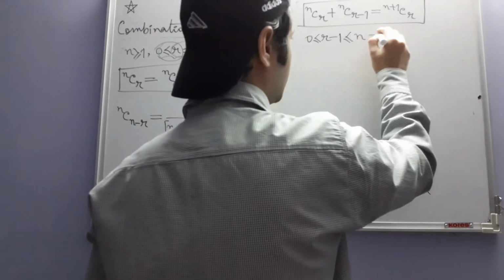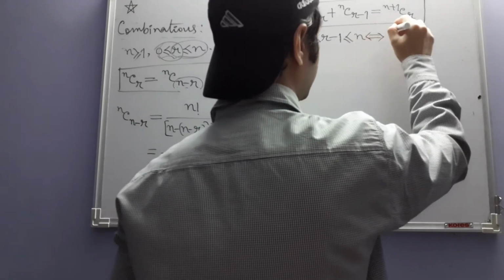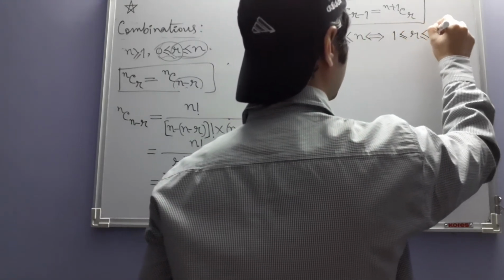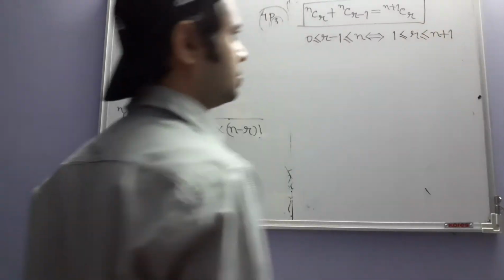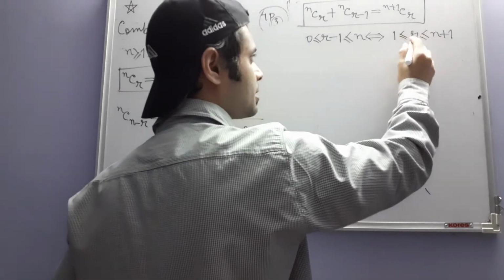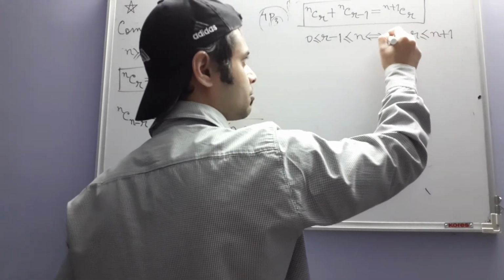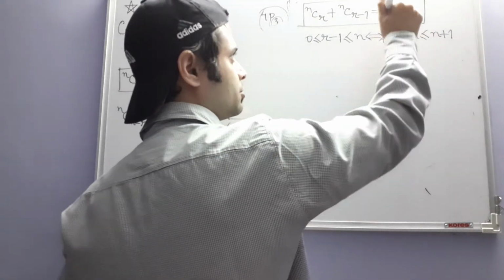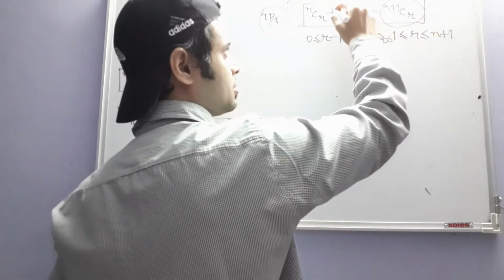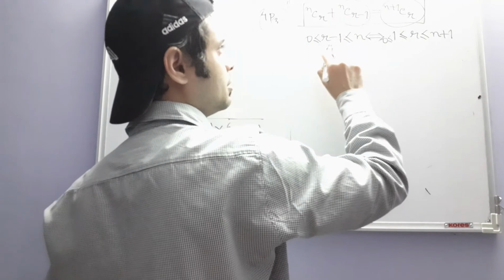which you can write equivalently as 1 less than or equal to r, which is less than or equal to n plus 1. So you can see that because of this, since r is greater than or equal to 1, it's automatically greater than or equal to 0. So this binomial coefficient makes sense. This one also makes sense.